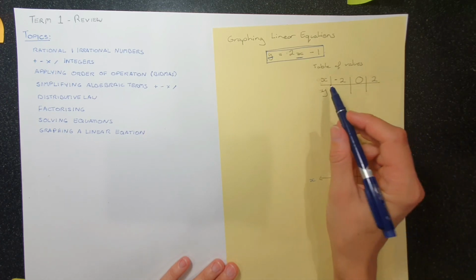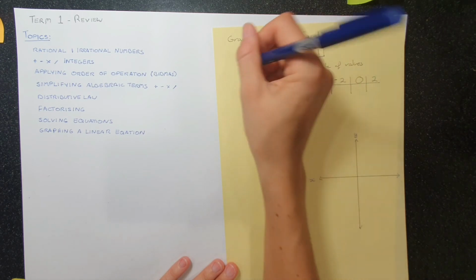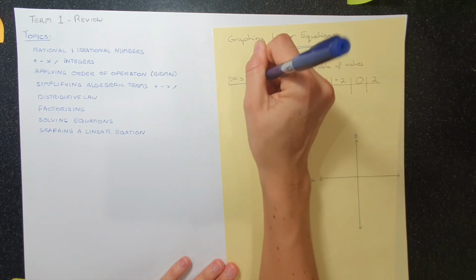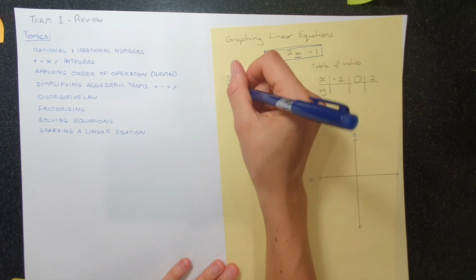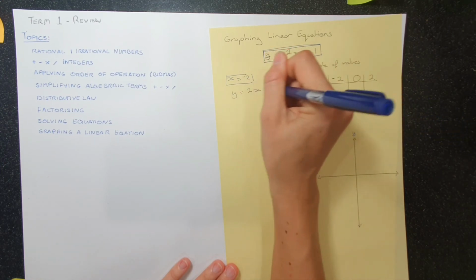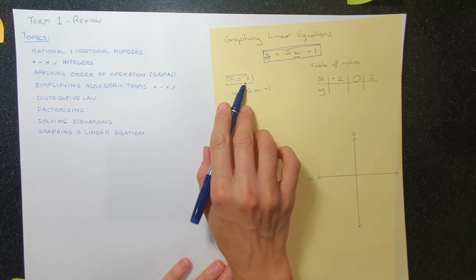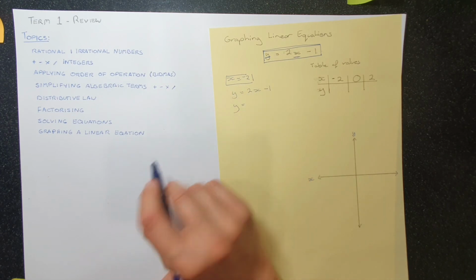So in the first one that we're going to work out, x is going to be equal to -2. So when x is -2, I need to work out what y is. So I write down my equation. Y equals 2x take away 1. If x is negative 2, where that x is, instead of writing x on this line, I'm going to write down negative 2.